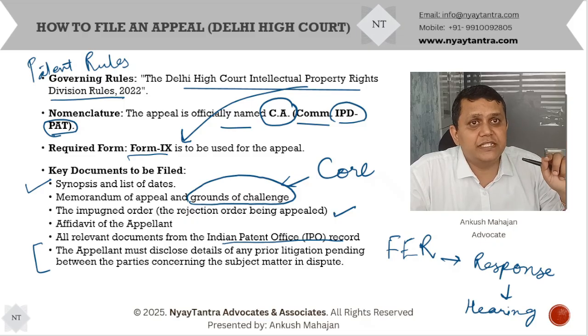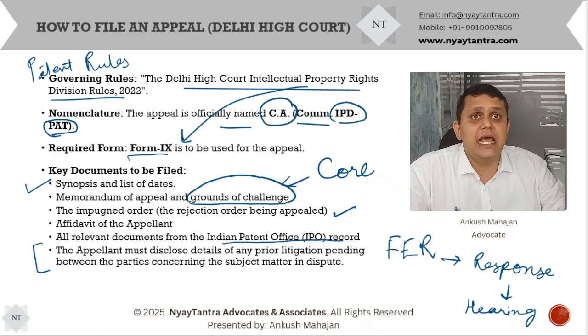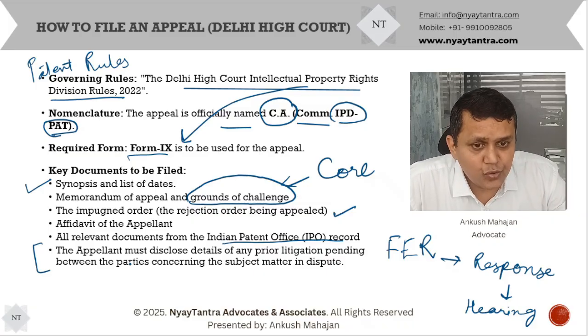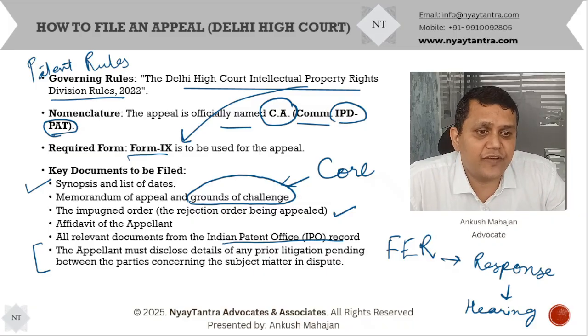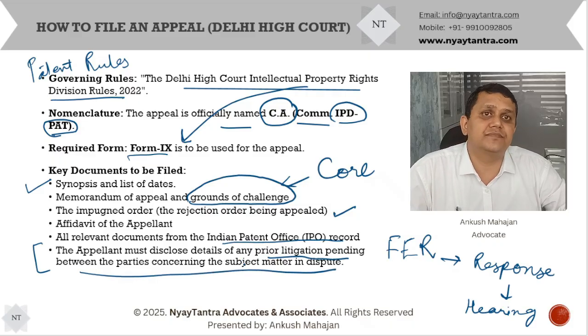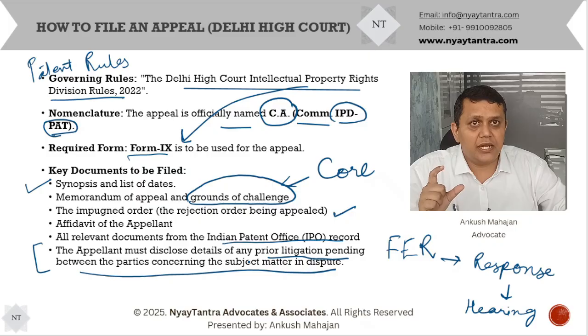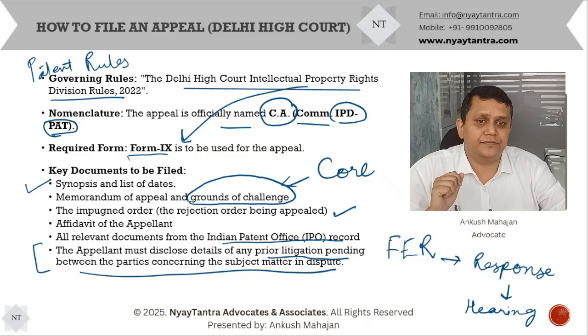But when the matter is between you, the patent office, and also a third party, for example, in a post grant opposition, if you have filed a post grant opposition to any patent, then you need to disclose the details of any prior litigation pending between the parties considering the subject matter in dispute. So that becomes an important criterion when you are filing an appeal before the IPD of the Delhi High Court.